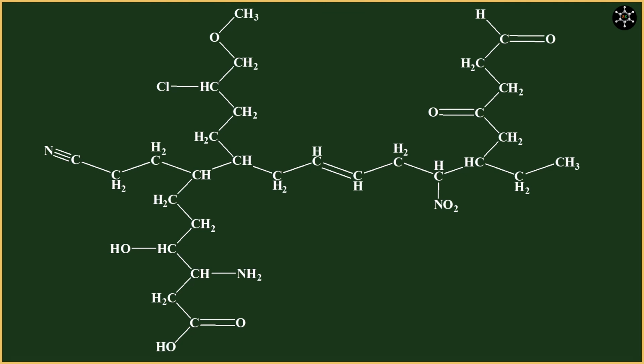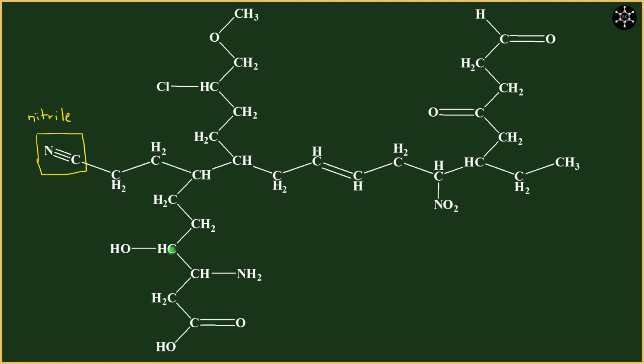Let us try to identify the functional groups from one side. Here we have C triple bond N connected to a carbon atom. So this is nitrile or cyanide. Then over here we just have a carbon atom.